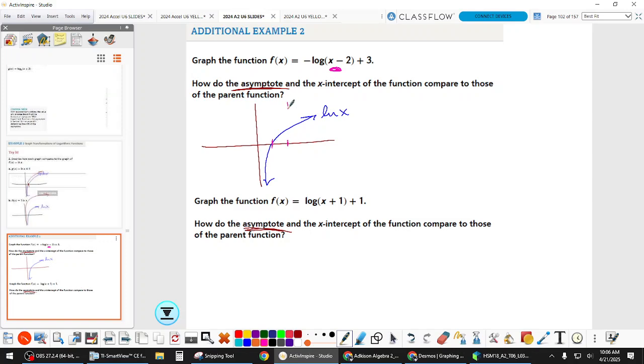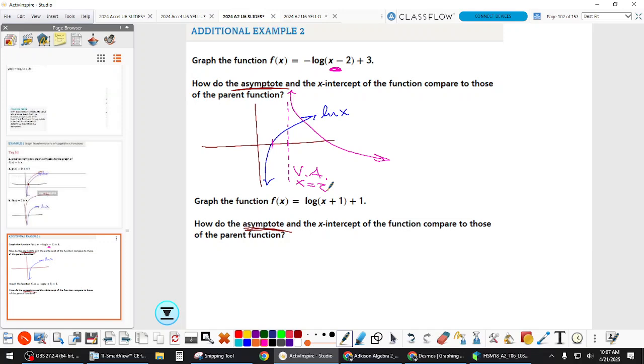Okay, so our new vertical asymptote is on x equals 2. What does the plus 3 do? Up 3. It does move it up 3, and so something like that for your graph. New vertical asymptote was at x equals 2.